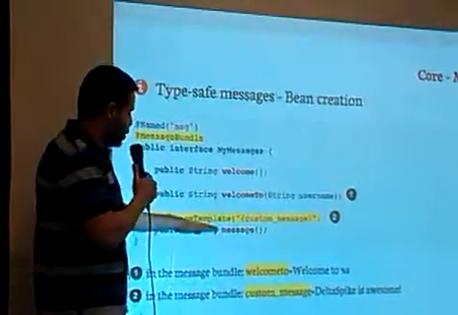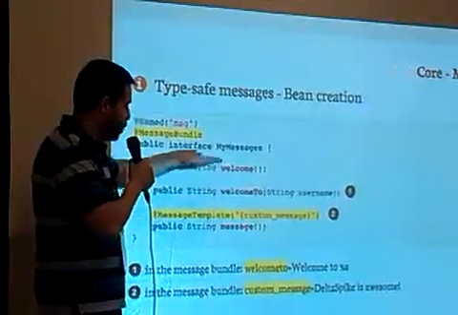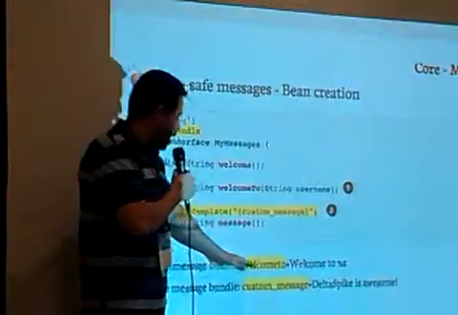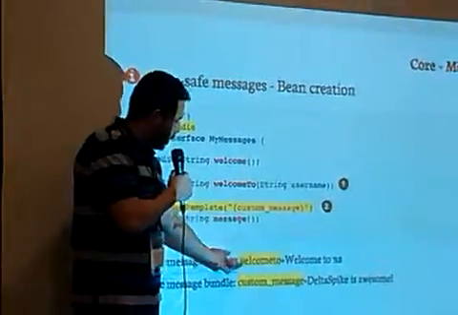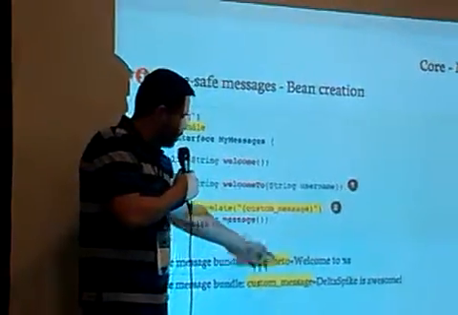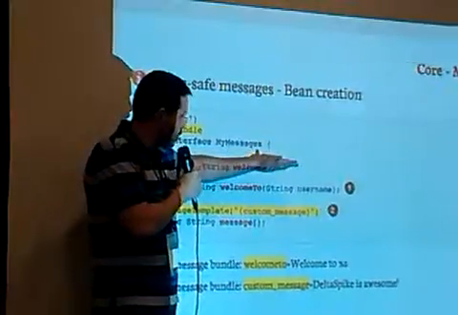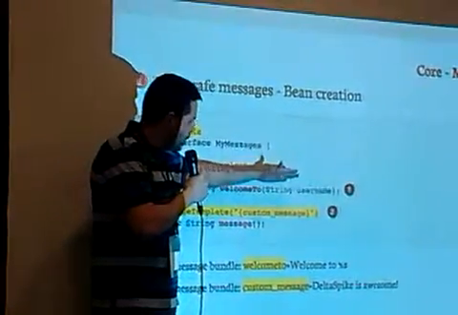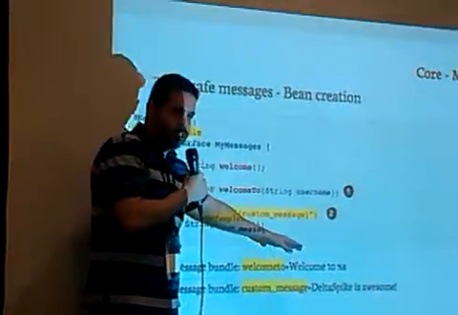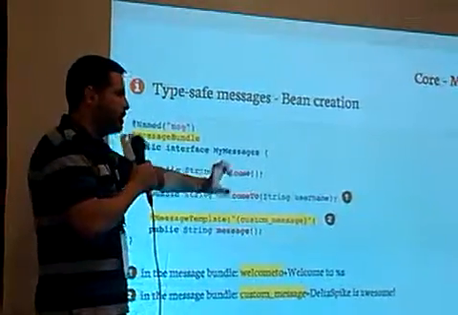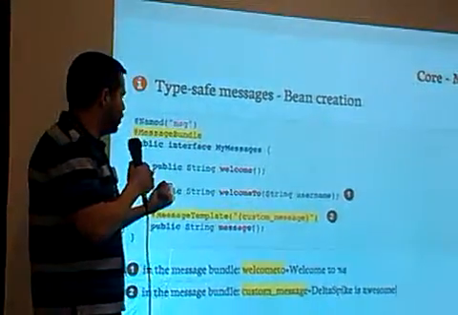With each, DeltaSpike will look in the resource bundle for a key called welcome to, and whatever the parameter that I place here, it will go to this resource for the translation of the file.